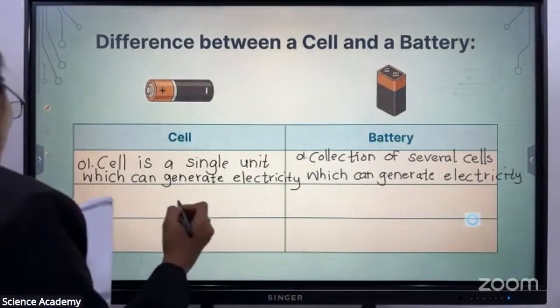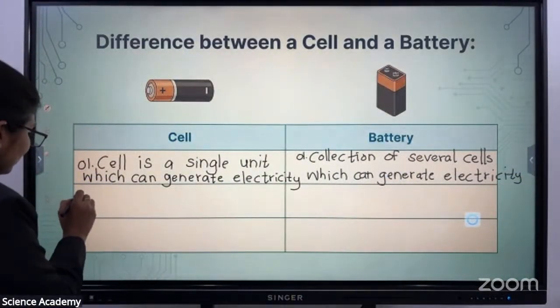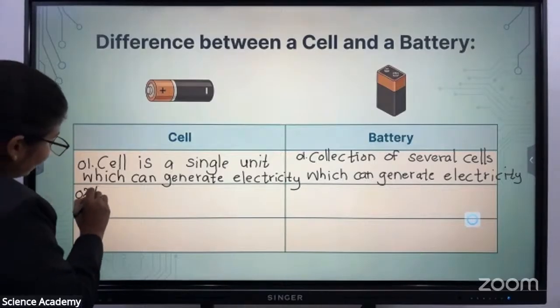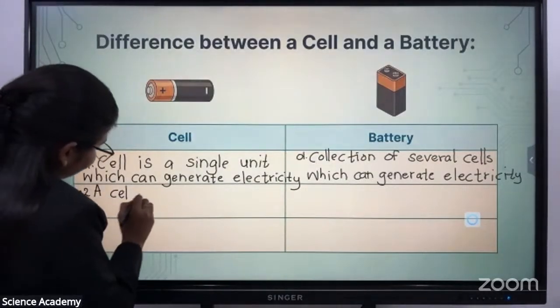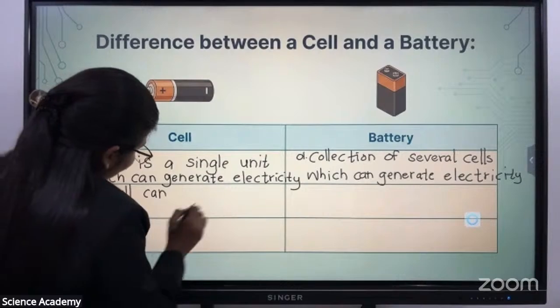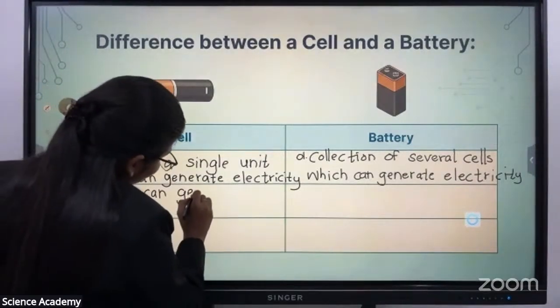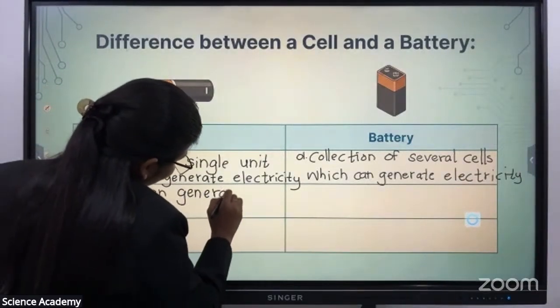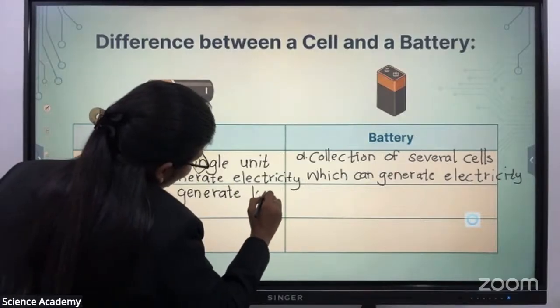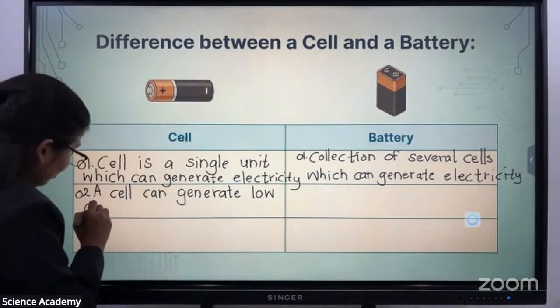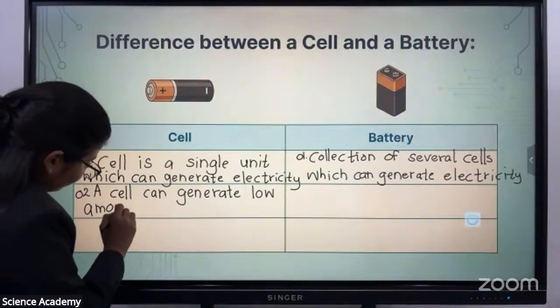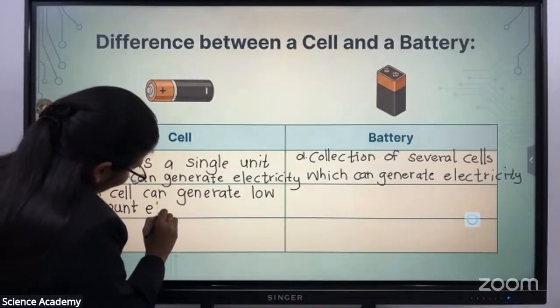Okay, children? Right. So the second one: a cell can generate a low amount of electric current.